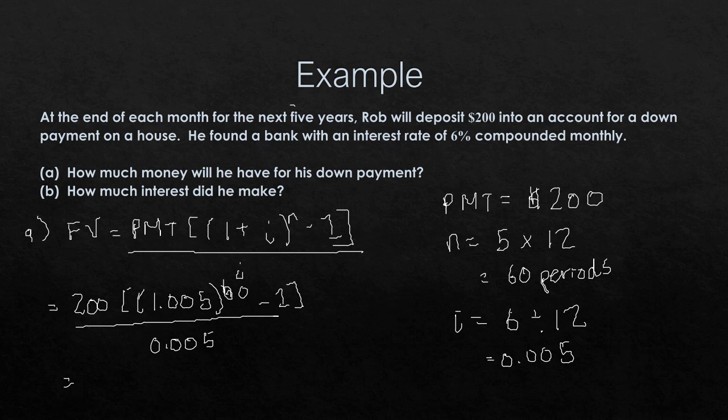So you can do 1.005 to the power of 60, press equals, subtract 1, press equals, times by 200, press equals, then divide by 0.005. So you're going to get an answer of $13,954.01. This is how much he will have for a down payment.